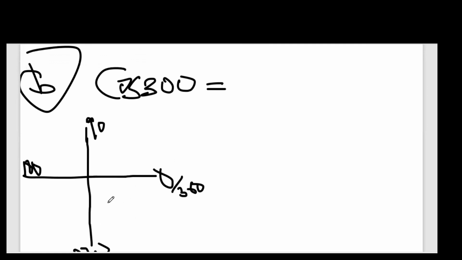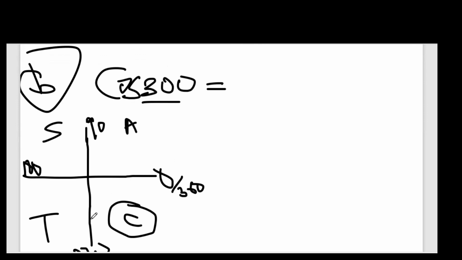And we know that cos in this quadrant is positive, because of all students take calculus. So we have to find the reference angle. In this fourth quadrant, we know that the given angle is found by 360 minus the reference angle.